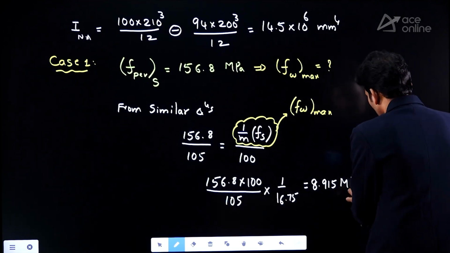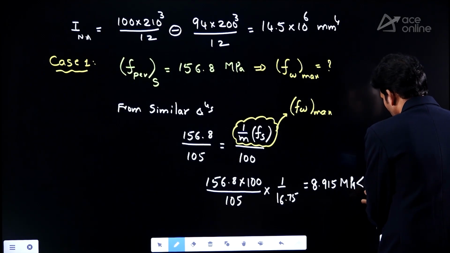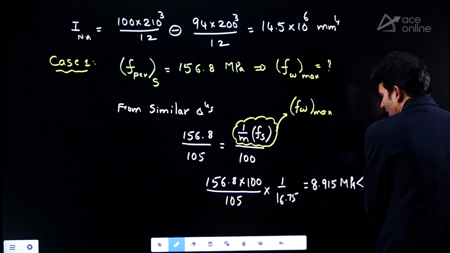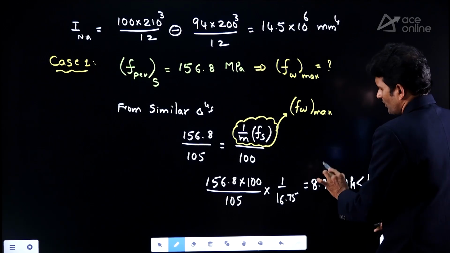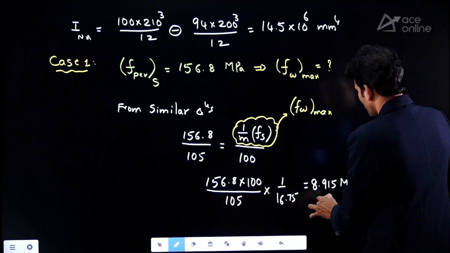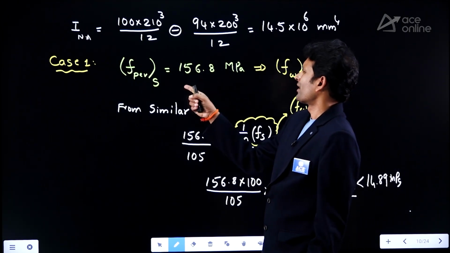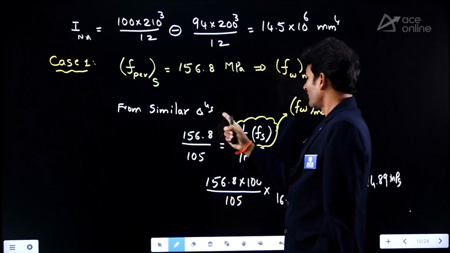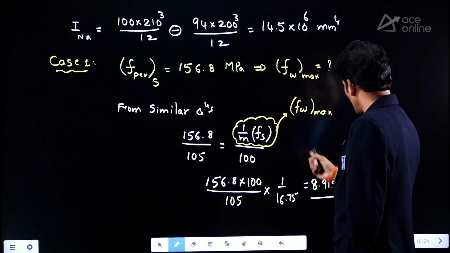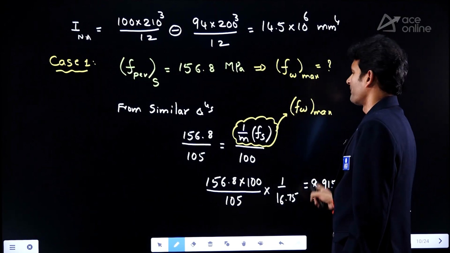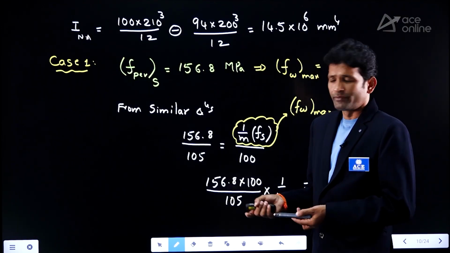This value is less than 14.89 megapascal. So, keep this aside because here it is satisfying. When the maximum stress developed in the steel is exactly equal to this one, the maximum stress developed in the wooden part is less than the permissible stress of the wooden part.